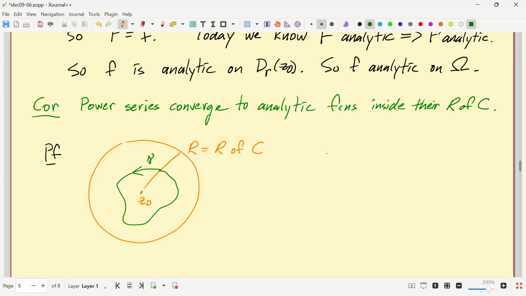Then gamma is going to be given by z of t as t goes from a to b. That set, mod z of t, is continuous on a compact interval.